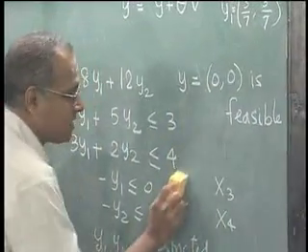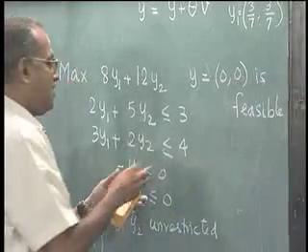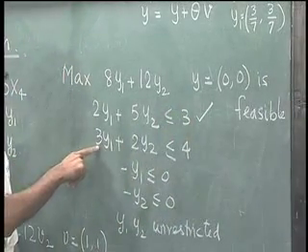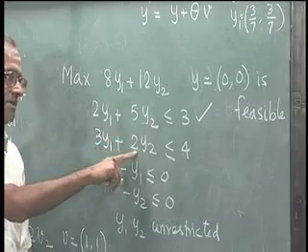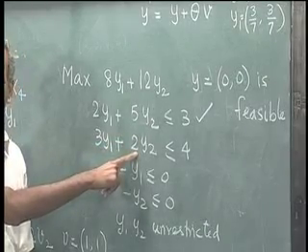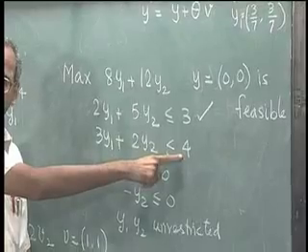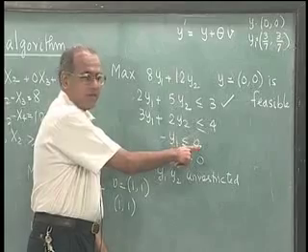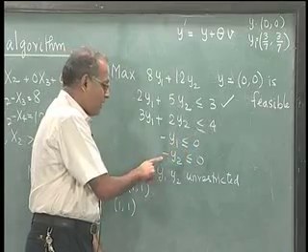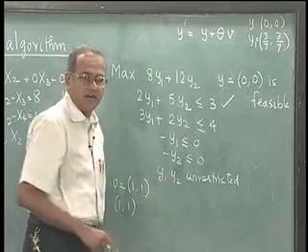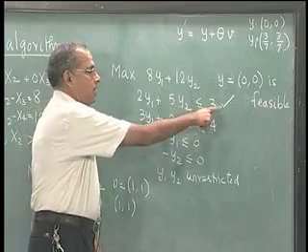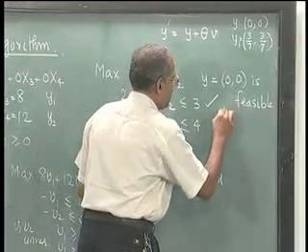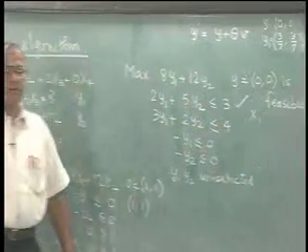Now, this one is satisfied as an equation. 3 into 3 by 7 is 9 by 7 plus 6 by 7, 15 by 7, satisfied as an inequality. y1 greater than or equal to 0, satisfied as an inequality. y2 greater than or equal to 0, satisfied as an inequality. So, this is the only one that is satisfied as an equation. So, this will force variable x1 into the basis.